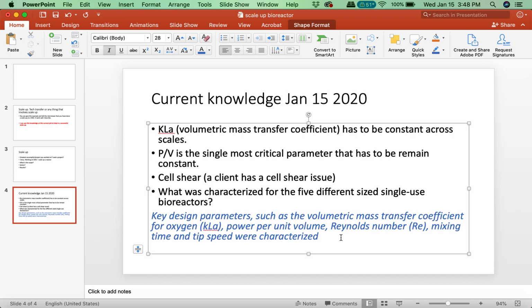So now you can say what was characterized for the five different size single-use bioreactors: volumetric mass transfer coefficient for oxygen, power per unit volume, Reynolds number, mixing time, and tip speed. Now this is your introduction, right?